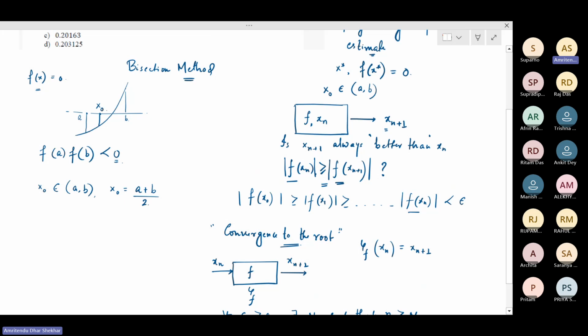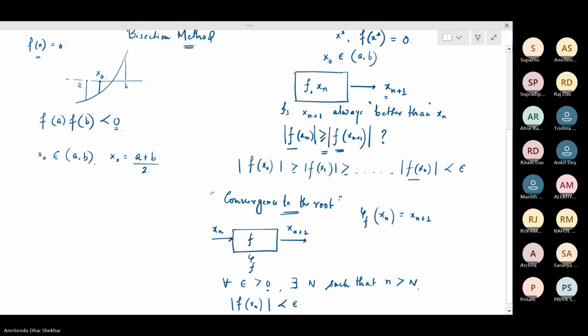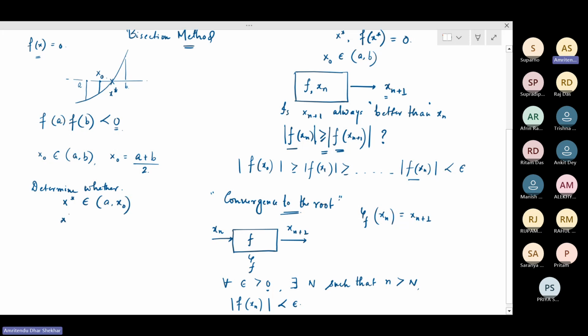Now you have to estimate on which side the root lies. The idea is to determine, calling your root x star, whether x star lies in a comma x0, or whether x star lies in x0 comma b.